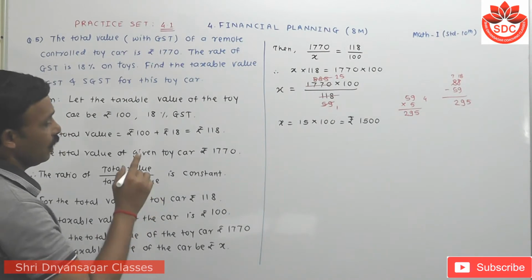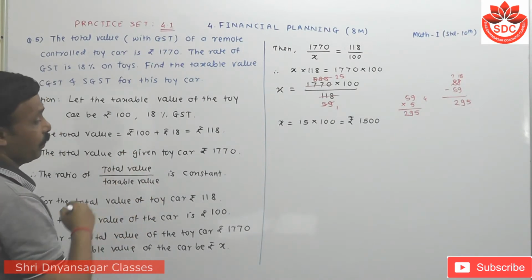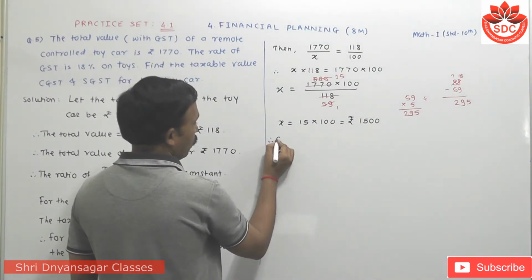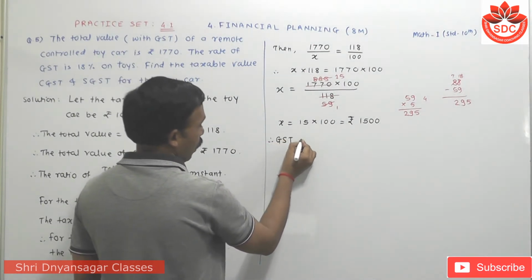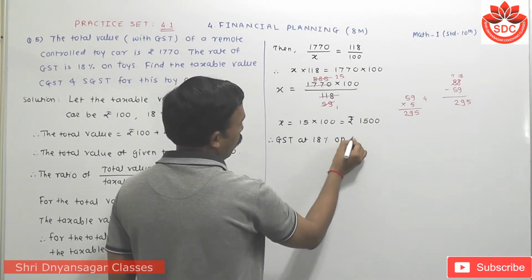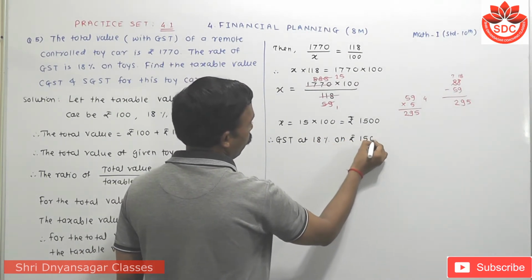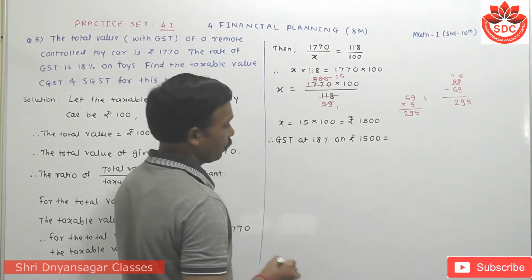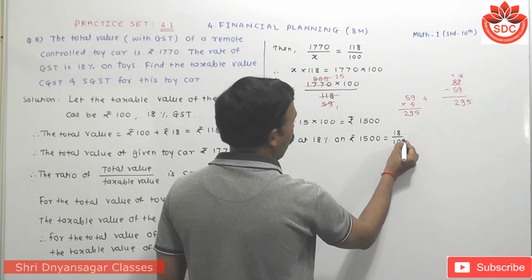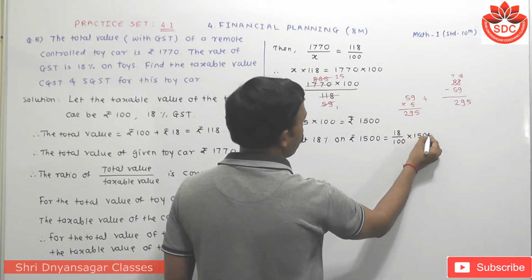So GST at 18% on rupees 1500 is equal to 18 upon 100 into 1500.